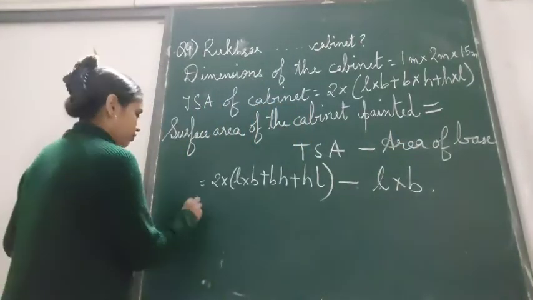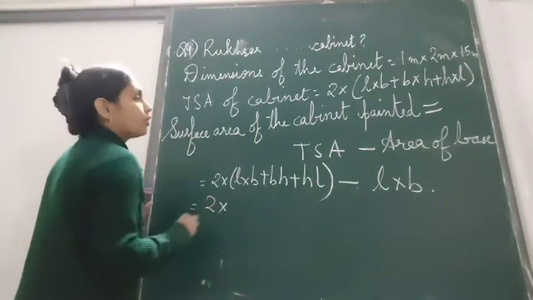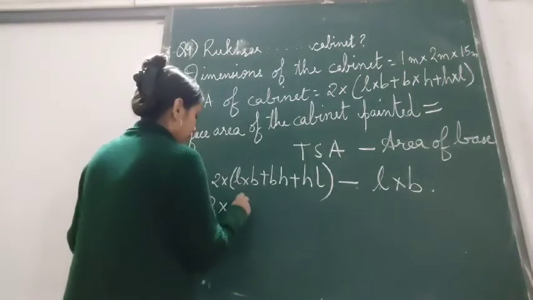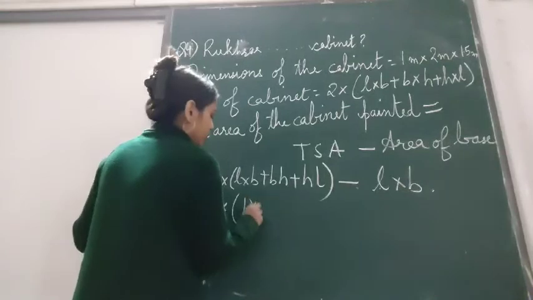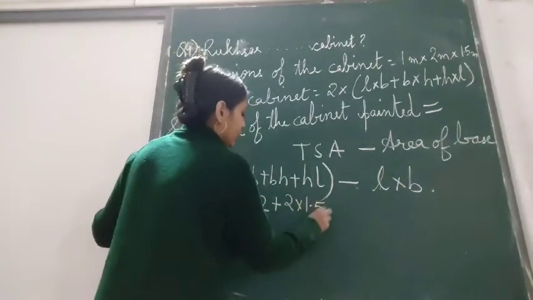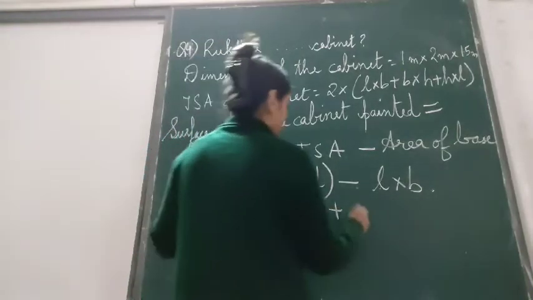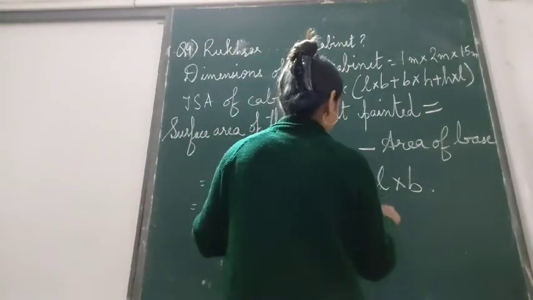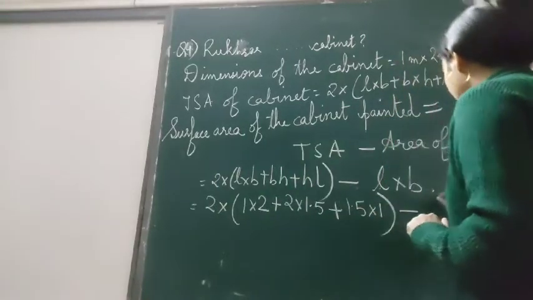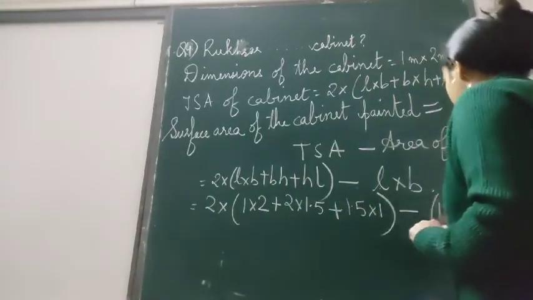Okay, so let's do it now. 2 times of what is length into breadth? That is 1 into 2 plus 2 into 1.5 plus 1.5 into 1, minus what is the length into breadth? 1 into 2.